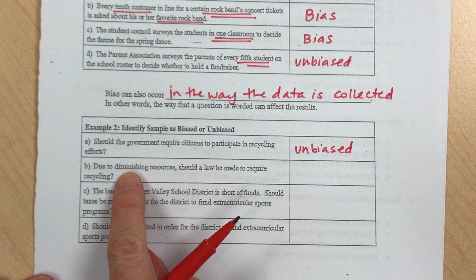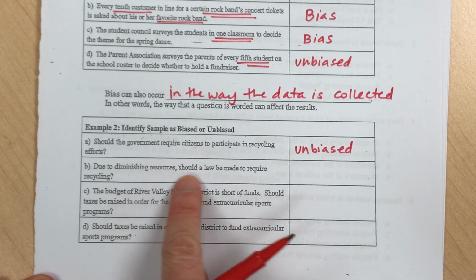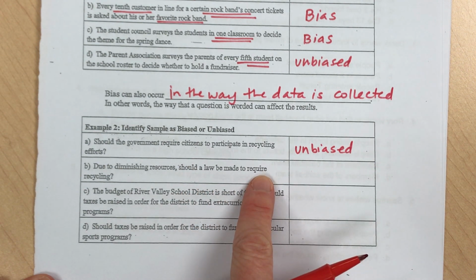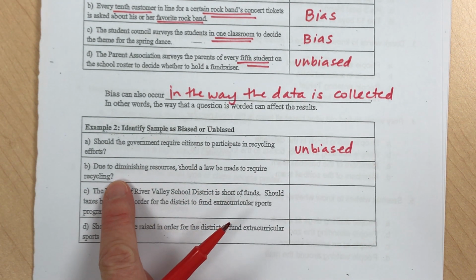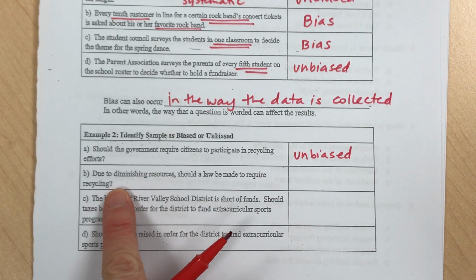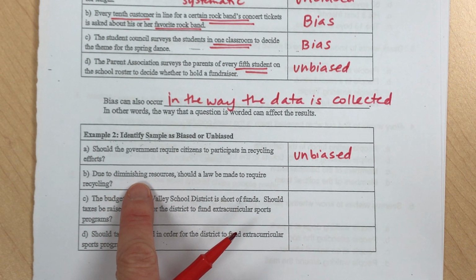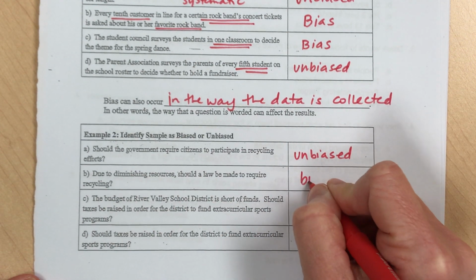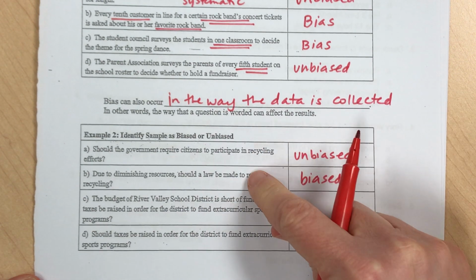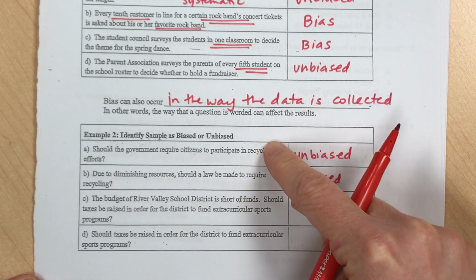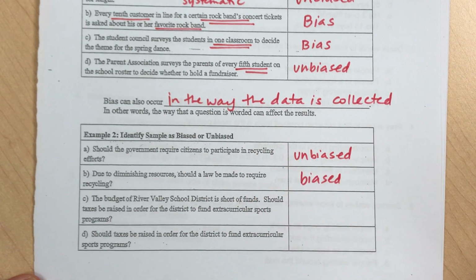Letter B says, due to diminishing resources, should a law be made to require recycling? I feel like there's guiding towards, oh yeah, we should require recycling because we're diminishing resources. There's definitely a persuasion in the way that the question is worded, so I'm going to go biased here. So this is a good example of great wording for a question and very poor wording for a question.